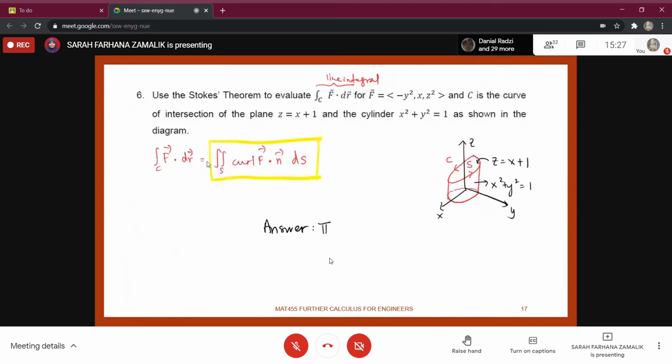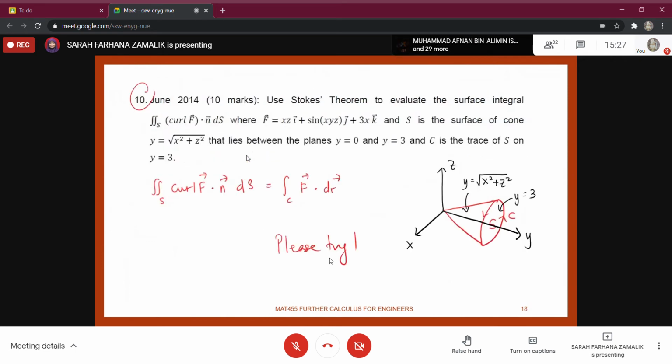Number 6. Use the Stokes Theorem to evaluate line integral. Therefore, you must show the double integral, the surface integral. Okay. Number 10. Use Stokes Theorem to evaluate the surface integral. So yes, you must show the line integral.